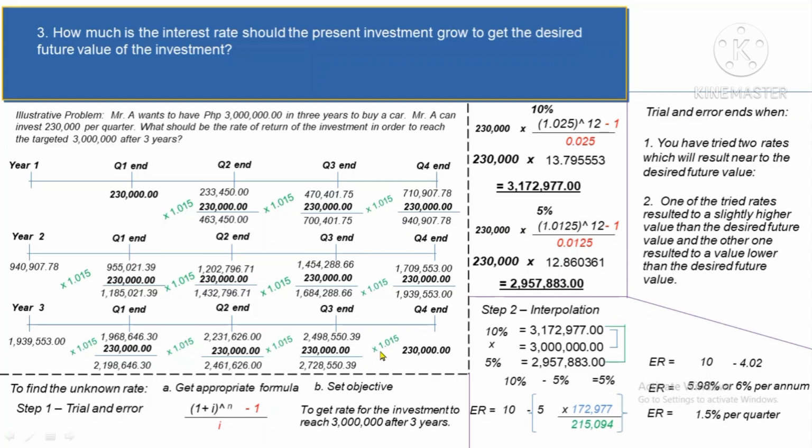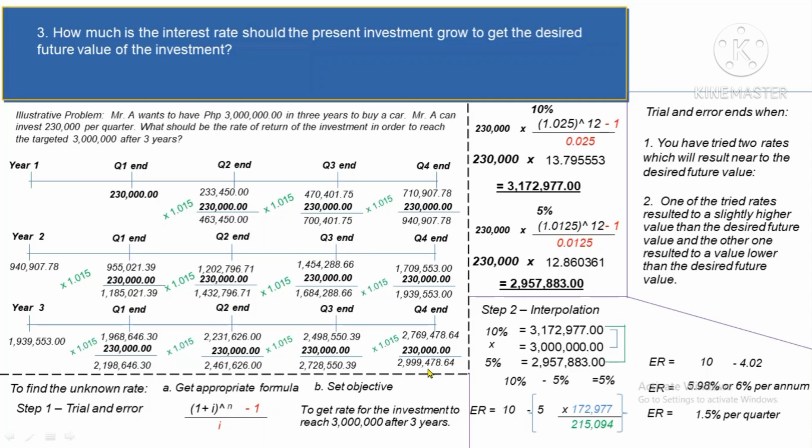And lastly, times 1.015, we're gonna get 2,769,478.64 plus 230,000, that is 2,999,478.64. The value is slightly off, I know, but that is because of rounding off factors.